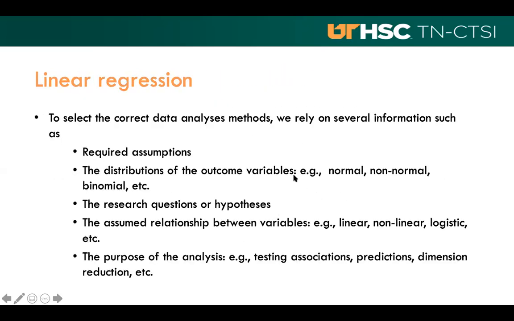The distribution of the outcome variable is the other requirement that helps us determine which statistical analysis method to use. For example, in case we have a continuous outcome, we look at whether the continuous outcome is normally distributed or not.